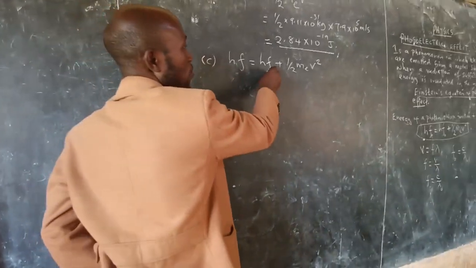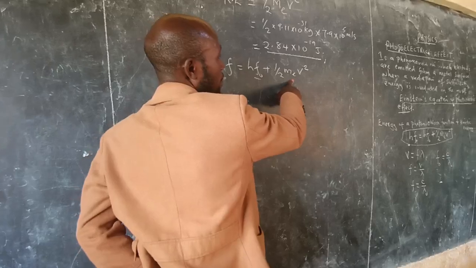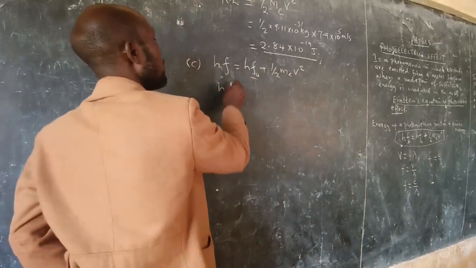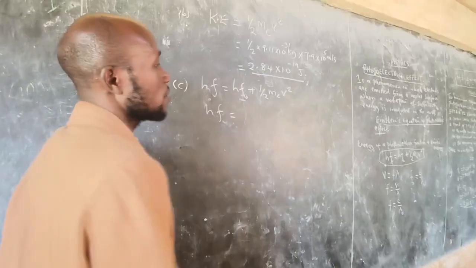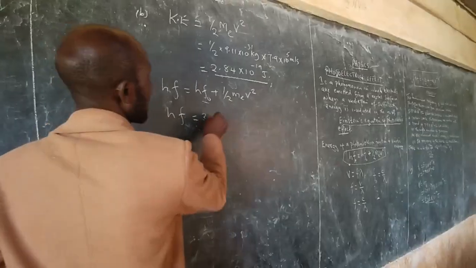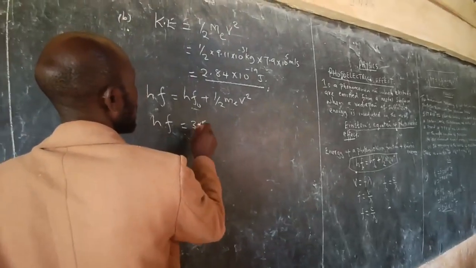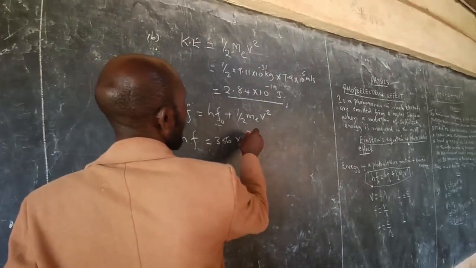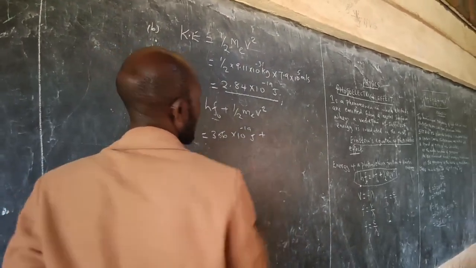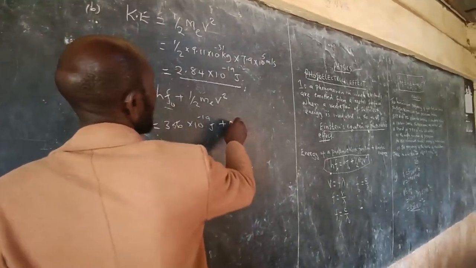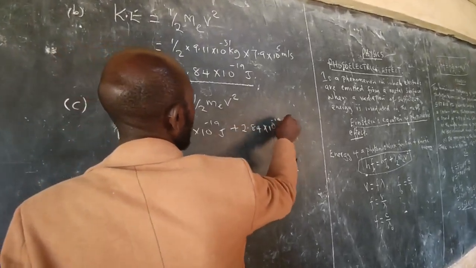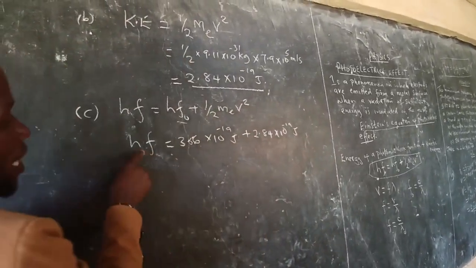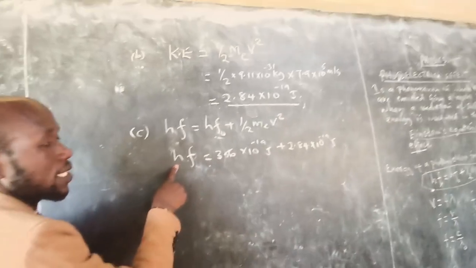Therefore, hf will be equal to the work function, which we found to be 3.56 times 10 raised to power negative 19 joules, plus the kinetic energy, 2.84 times 10 raised to power negative 19 joules. You divide by h on both sides.